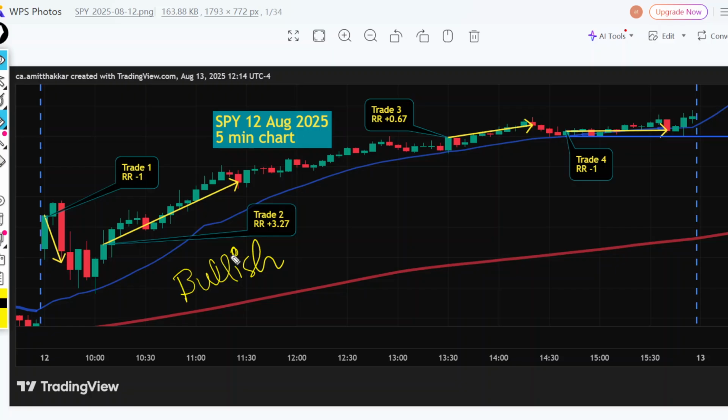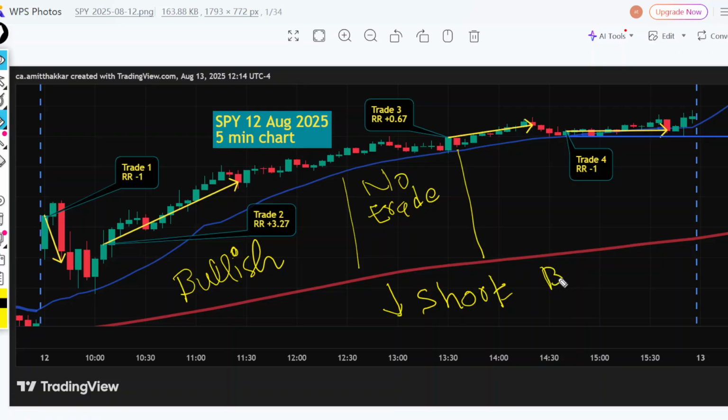If the market stays between the two moving averages, we won't take a trade, because that is our no trade zone. If the market trades below the 20 and 200, we are going to short the market, because we are bearish on the market.